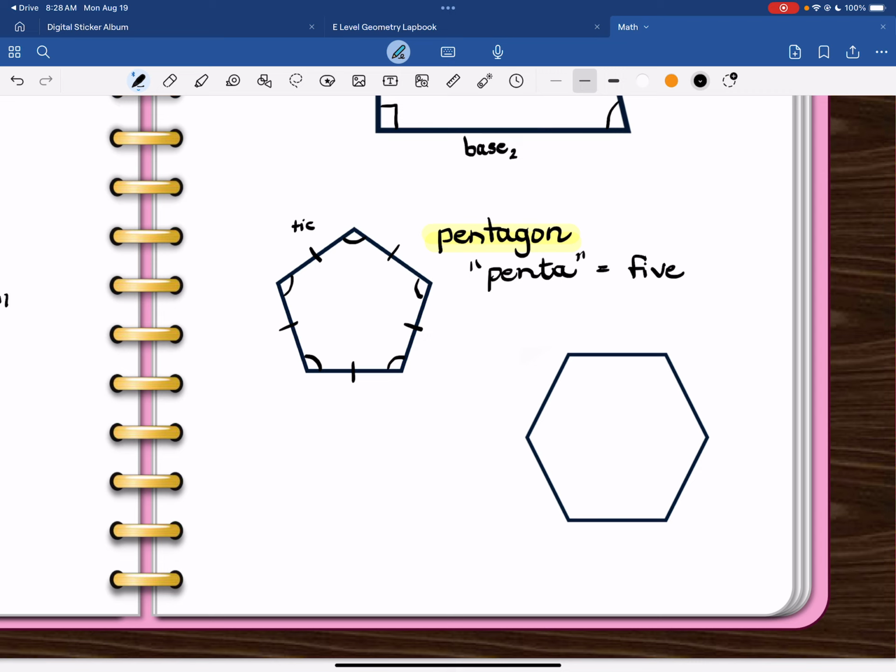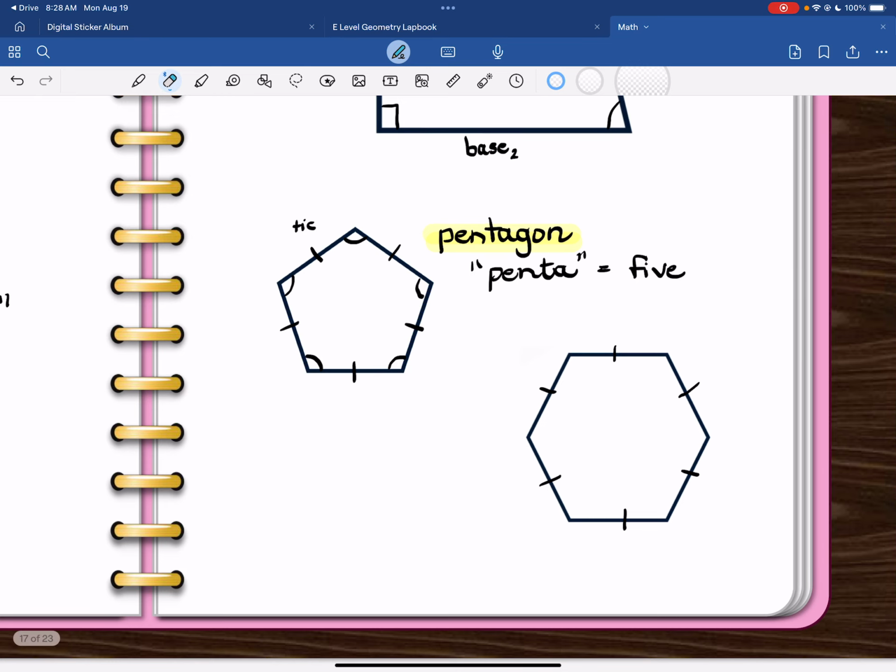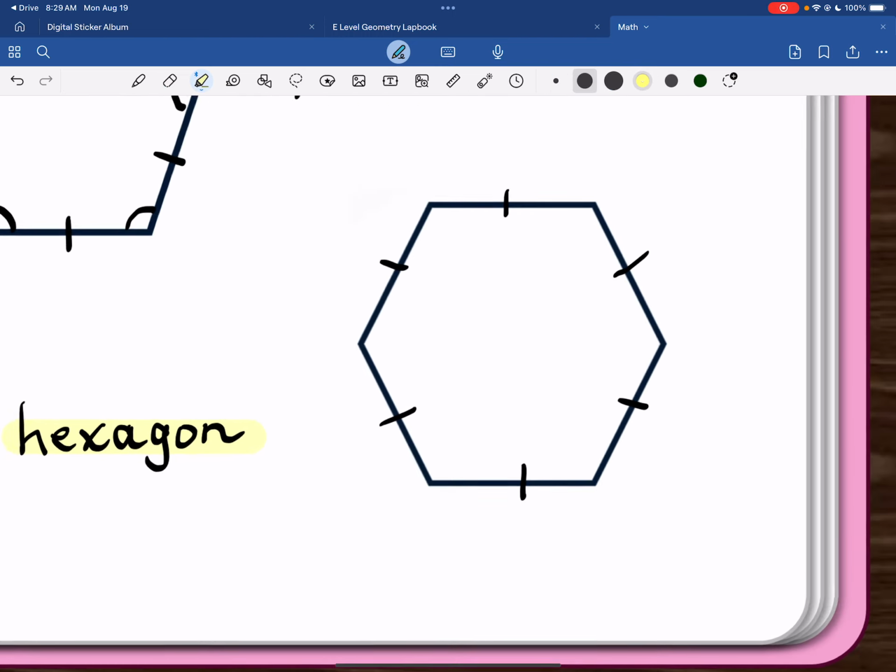And finally, this one, we have 1, 2, 3, 4, 5, 6. In this case, they happen to be 6 equal sides. That won't always be the case, but it is here. This is a hexagon. Hexagon has 6 sides, and I bet you can guess it also has 6 angles.